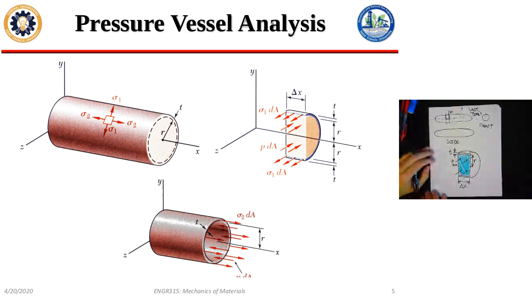All right, so the question is, if the blue stuff is the fluid and this guy here is the walls, what's the stress in the walls, right? So how did we go about figuring it out last time? How did we figure out stress last time?